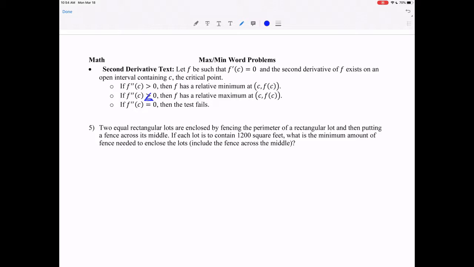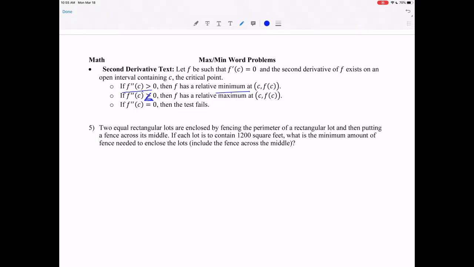Okay? If the second derivative is greater than 0, then the function is a minimum. Notice that I said if the second derivative is greater than 0, then the function's a min. It's opposite of what you would think. You would think, oh, well, if it's greater than 0, it should be a max. No. If the second derivative is greater than 0, then the function is a min.